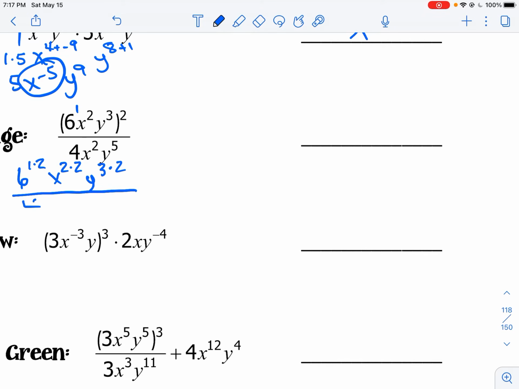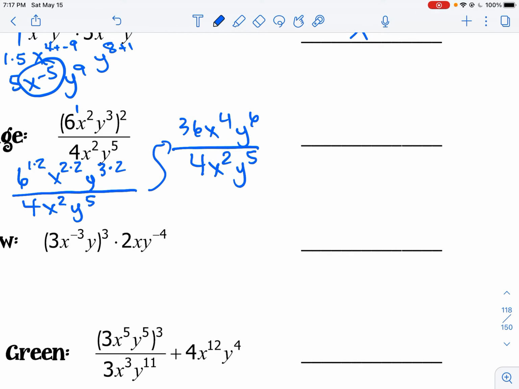Over 4x squared y to the 5th. 36 x to the 4th y to the 6th over 4 x squared y to the 5th. 4 goes into 36 9 times. So then I have 9 x to the 4 minus 2 y to the 6 minus 5. So I get 9x squared y.